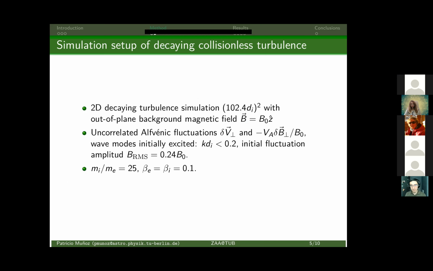We initialize the system also in a very standard way with uncorrelated Alfvénic fluctuations of velocity and magnetic field, injecting those waves at the largest possible scales in this system. We use a very reduced mass ratio. Those are just the first simulations for this case. We're going to improve this in the near future, as well as a relatively low plasma beta of 0.1.